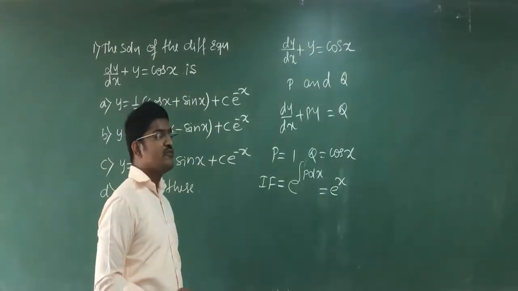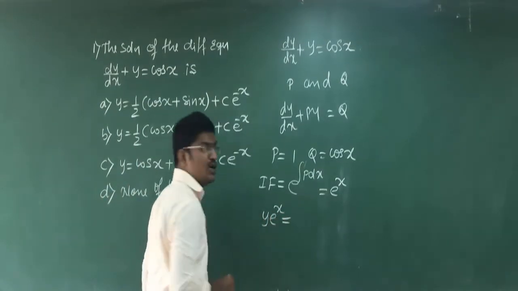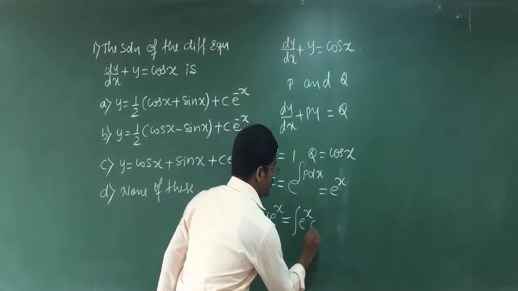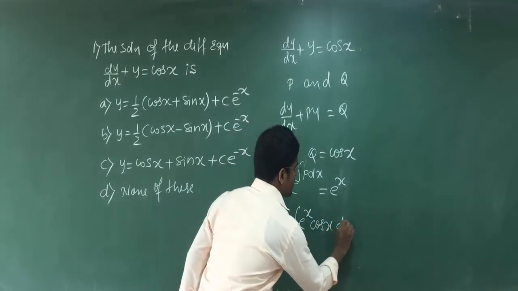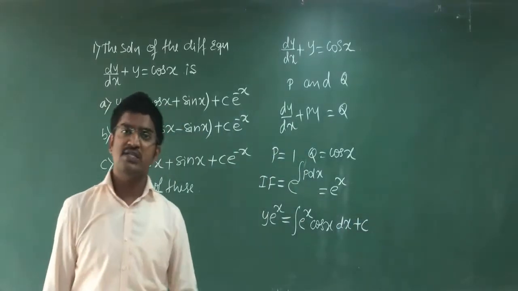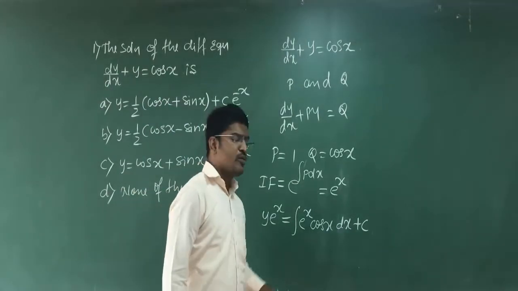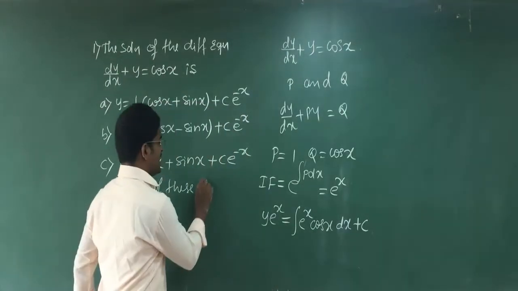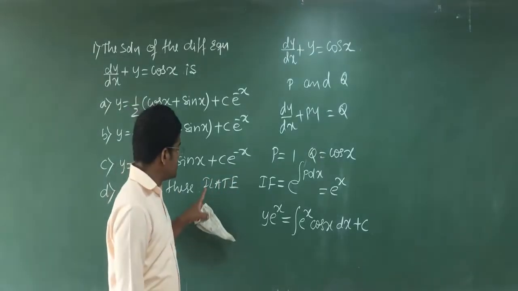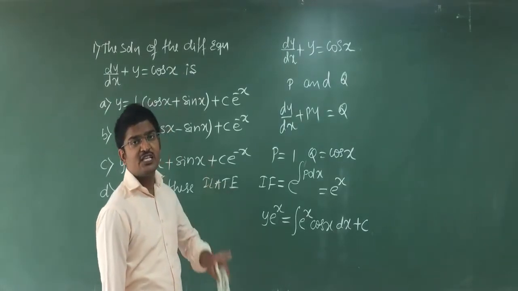Now you have to simplify the equation: y into e power x equal to integration of e power x into cos x with respect to dx plus c. This thing you have to simplify. Here, in the u into v form, you have to know the ILATE method: inverse, logarithm, algebraic, trigonometric and exponential.